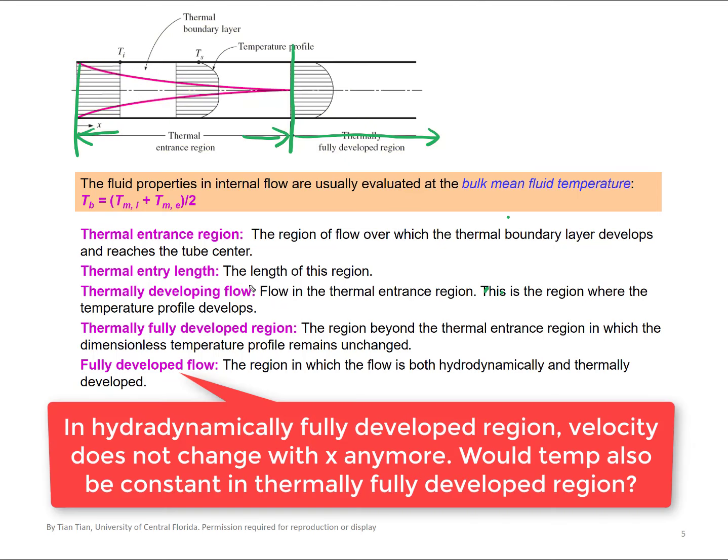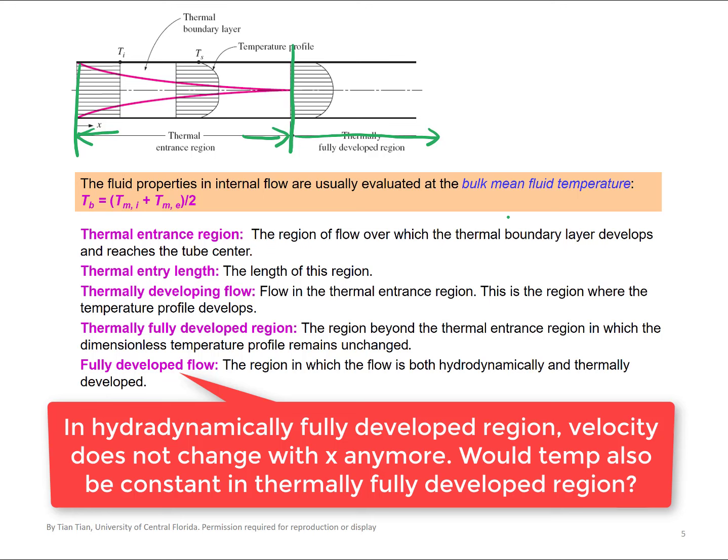Here I have a question for you. We know in hydrodynamically fully developed region, velocity does not change with x anymore. Is it true that in thermally fully developed region, temperature does not change with x anymore? The answer is no. As long as the temperature of the pipe surface is different from the fluid, the fluid would keep losing or gaining heat from the surface, so temperature would keep changing.